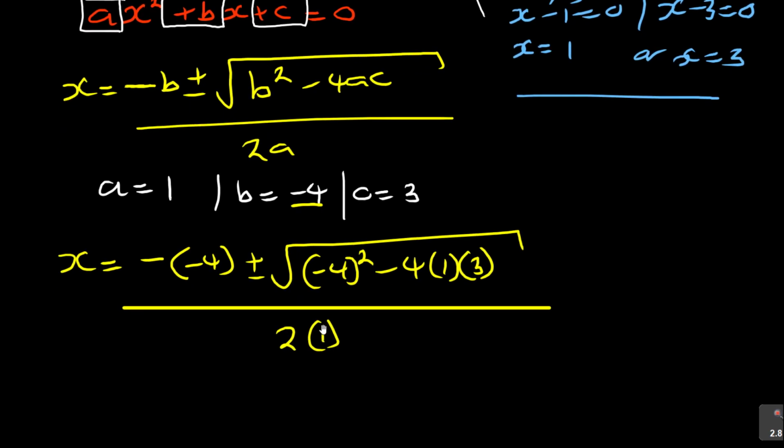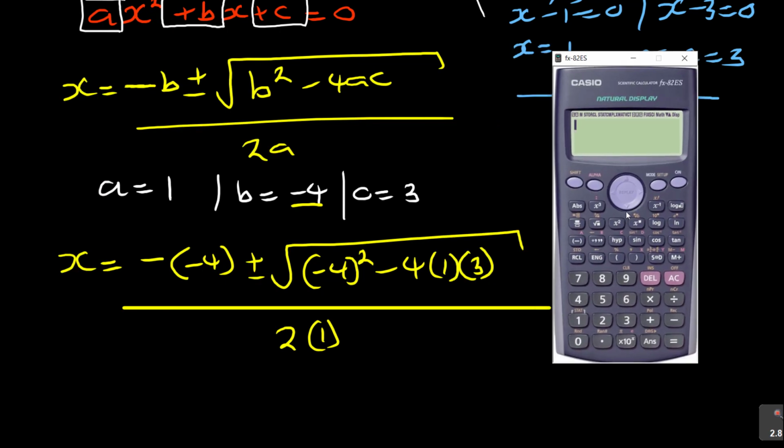Then from here, you apply your formula, and then you will get two answers. So let's do that. It's a fraction first, and then you're saying minus bracket -4, start with a positive 1, plus square root of, please there must be a sign there, don't leave it blank, and then bracket -4 squared. You need to know this formula, because there are questions that will force you to use this formula.